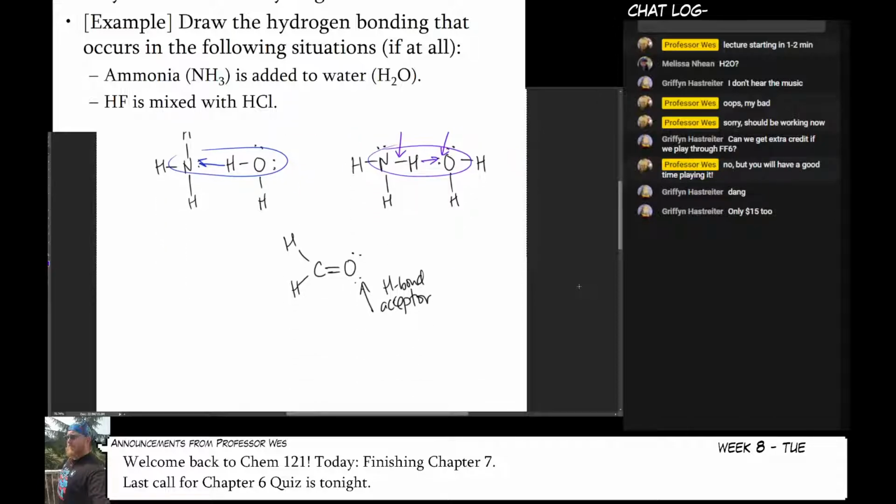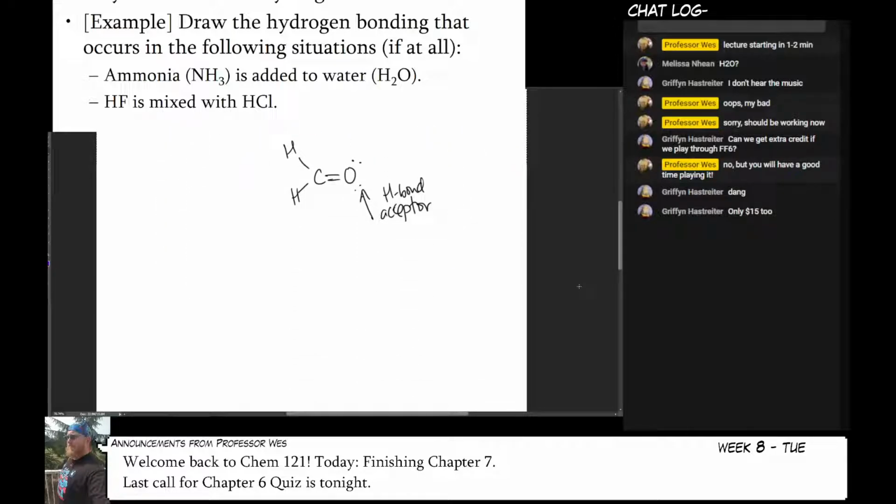The next one, HF is mixed with HCl. What ends up happening here is these two sort of look at each other. And this is not a polar enough bond. My HCl does not form hydrogen bonds. So this molecule sort of just toodles off and does its own thing.